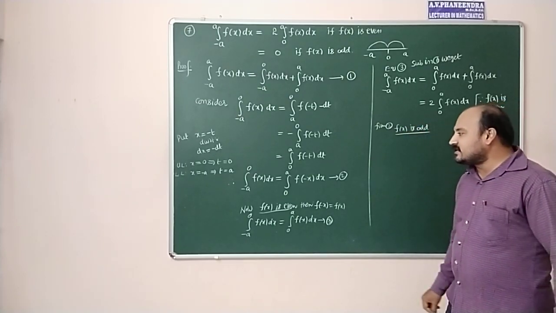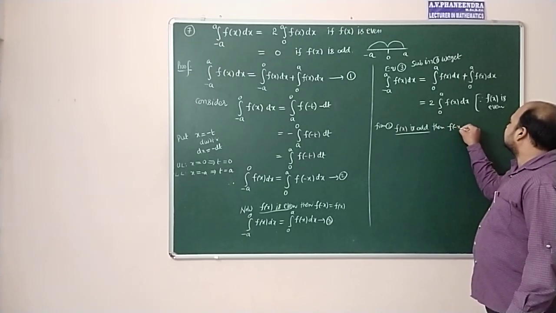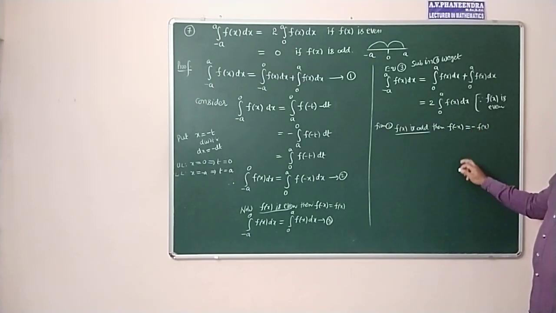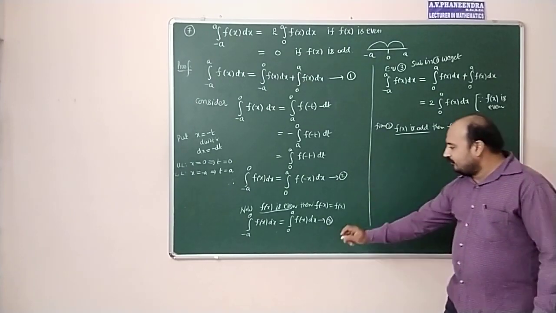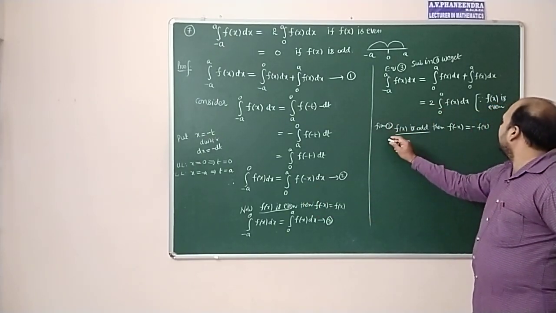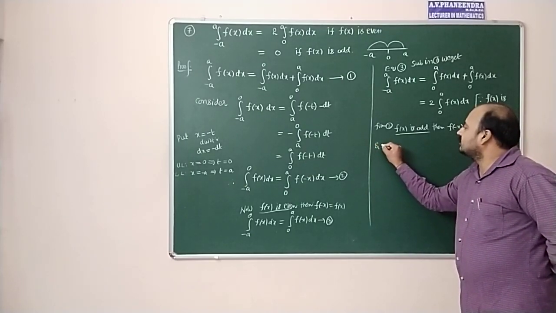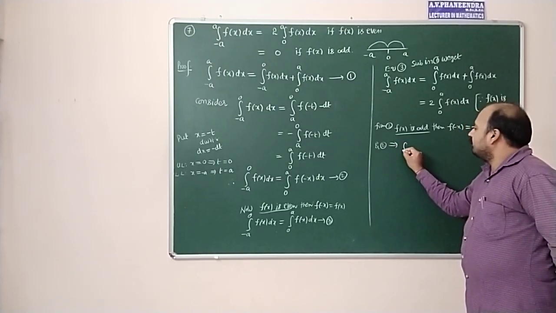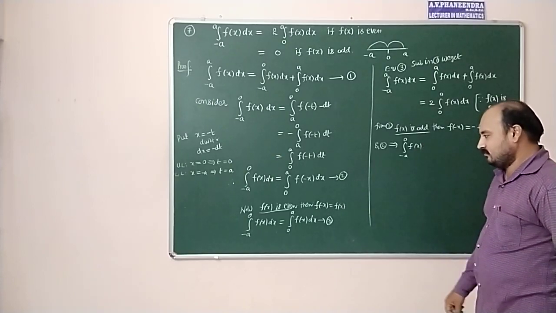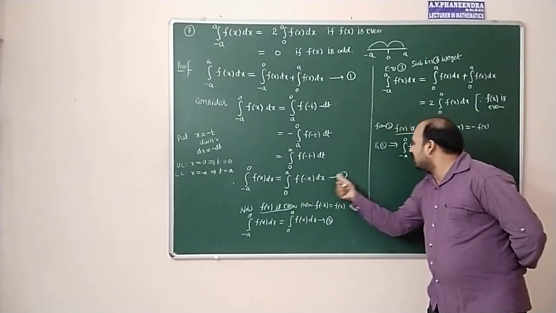What is the meaning of f of x is odd? If f of x is odd, then f of minus x is equal to minus f of x. Now, equation 2 becomes, equation 2 implies that integral minus a to 0 of f of x dx is equal to, f of minus x becomes what?